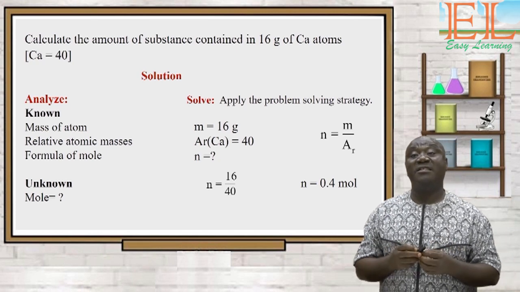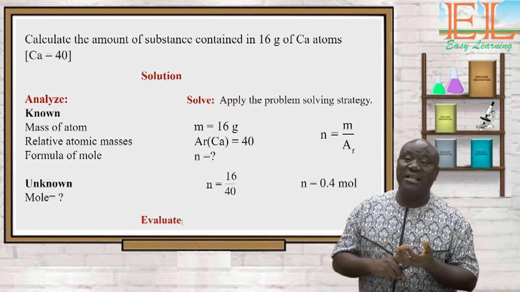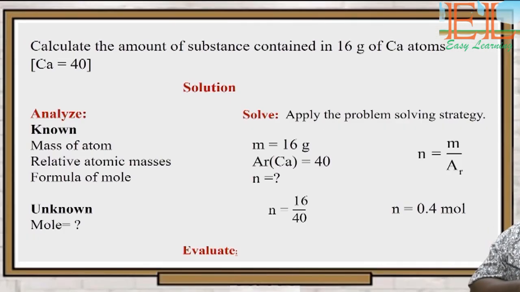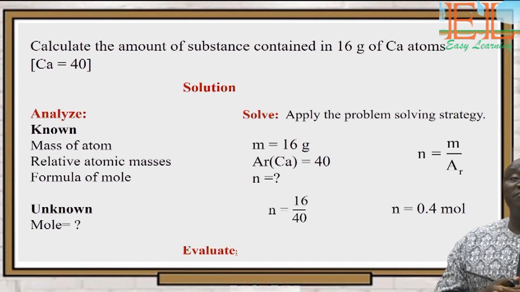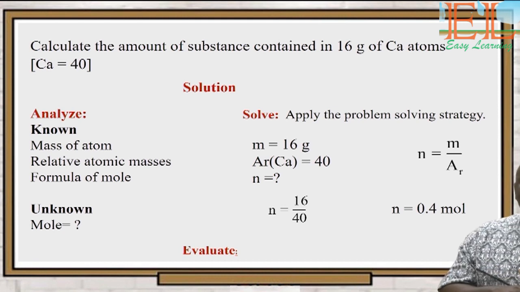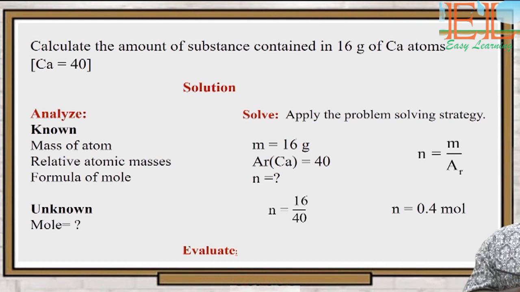Then, as usual, you have to check whether you have given the correct units to our answer, or you have to check whether you have not omitted the units. Because as I told you earlier on, omission of units attracts a penalty, and wrong unit also attracts a penalty.